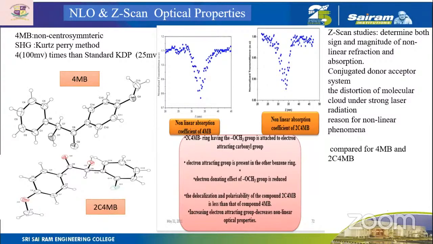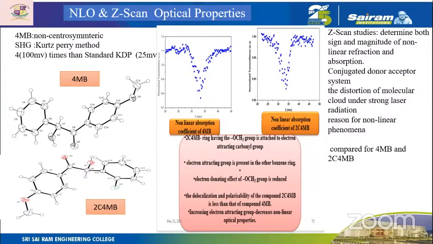I found that 4-methoxybenzoin, the compound with a methoxy group at the ortho position, is more non-centrosymmetric, and has an efficiency 100 times that of the standard KDP, potassium dihydrogen phosphate. So compared to the standard, my compound has 100 times more efficiency.